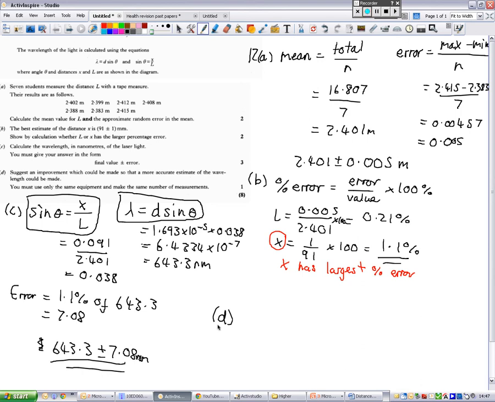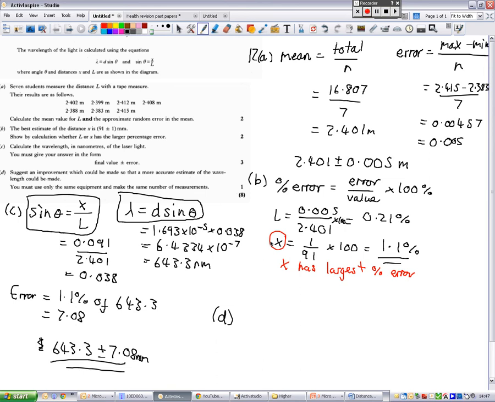So we can't do the answer. We can't say, oh, we'll reduce the random error by taking more measurements, because you're not allowed to do that. You're not allowed to take more measurements. So what you've got to look at is, how can you reduce the error in this wavelength? Well, the error in this wavelength comes from the 1.1%. That 1.1% comes from the error in x, and if you look at the question, x is basically the distance across a screen.